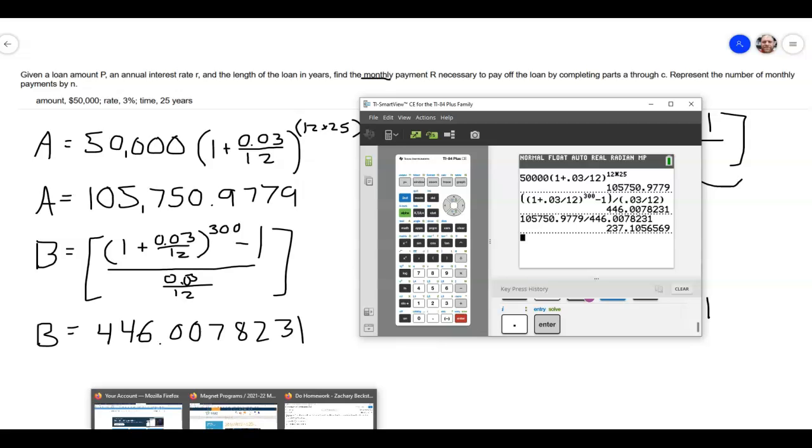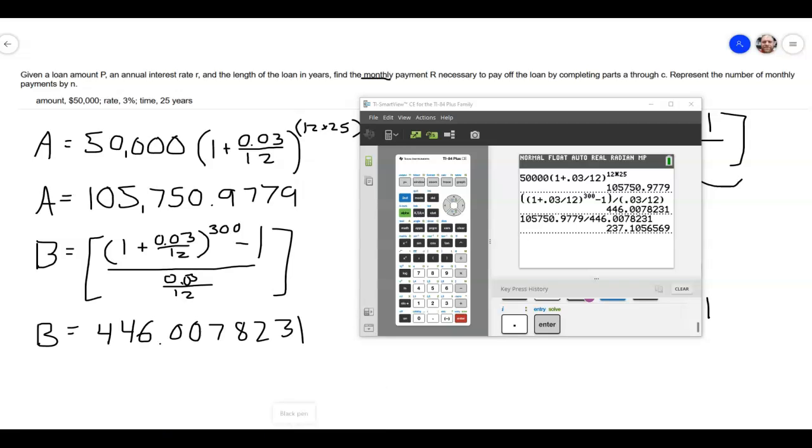So 237 point, to 2 decimal places, is 0.11. 237.11. I'm going to try that, make sure that's the correct answer. And it is. Let me check all of the answers, so give me just a moment here. And that is correct.